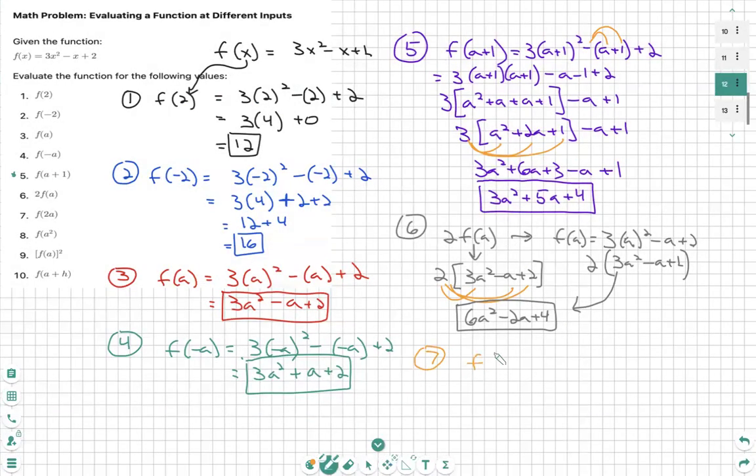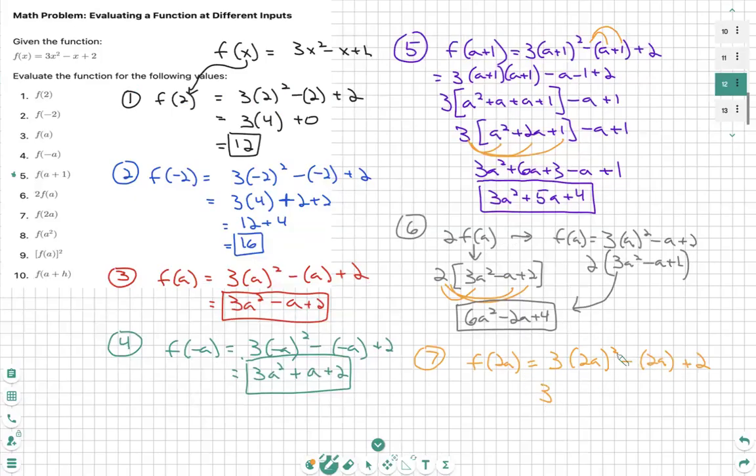Number 7. We have f of 2a now. This one is not as confusing because our x just gets replaced with 2a. That's it. So 3 times (2a) squared minus 2a plus 2. Because whatever is replacing our input becomes our input. Our x became 2a, so our x becomes 2a at every spot.